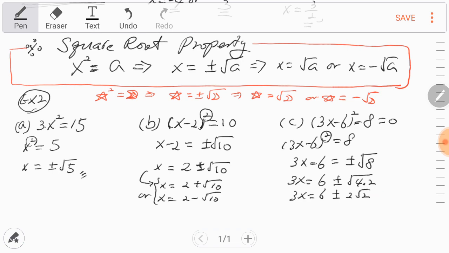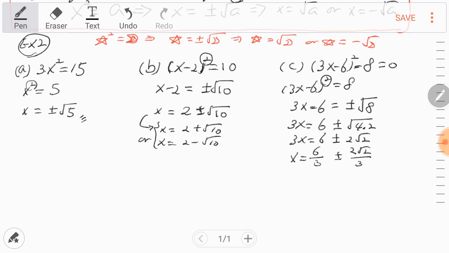And then we want to find x, so let's divide each side of the equation by 3, and simplify so that x is equal to what? 6 over 3 is 2. So 2 plus or minus 2 square root of 2 over 3.